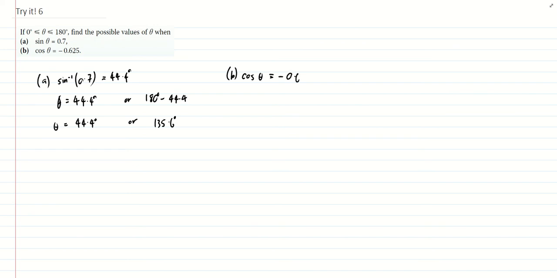So in this case, I am simply safe to do this. So theta equals cosine inverse of negative 0.625. And this should give me one answer only because acute and obtuse have different signs. So when I take cosine inverse of negative 0.625, I should get back 128.7 degrees, and I'm done.